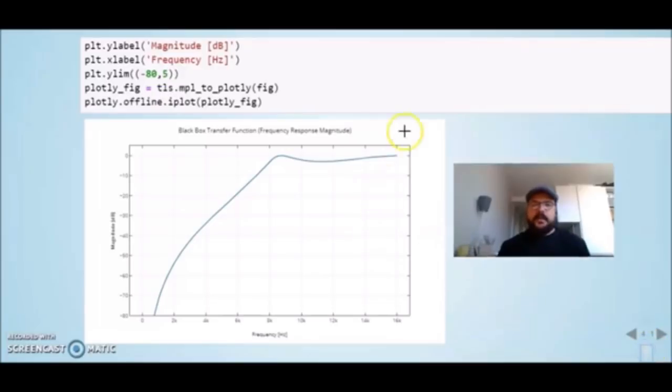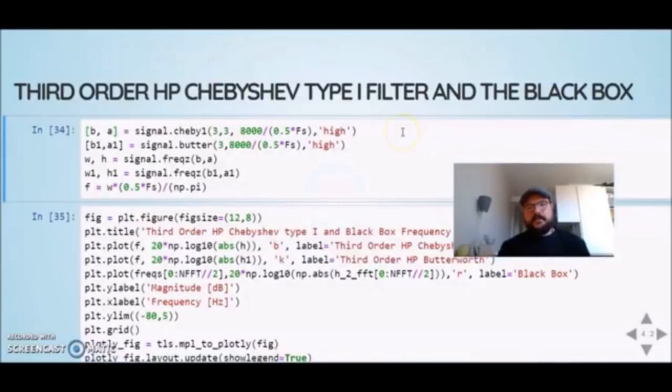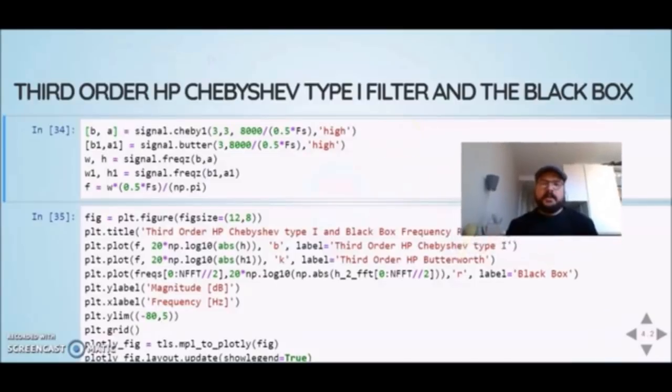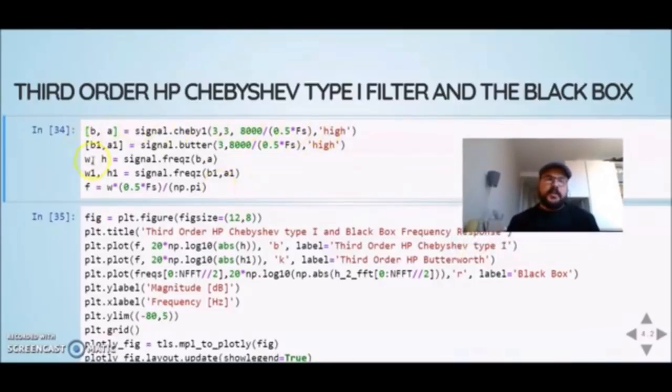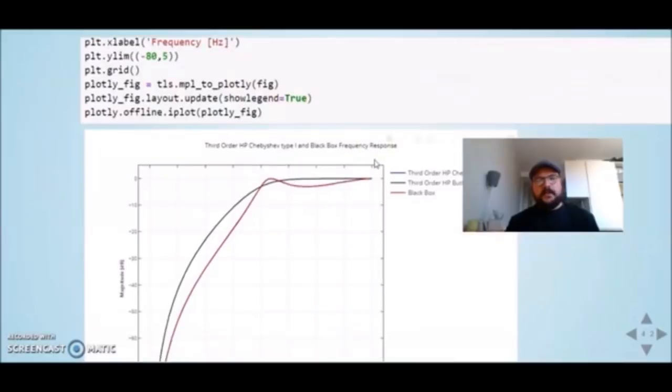If we compare with a Chebyshev filter type 1, I'm constructing here a third order Chebyshev with 3 dB of allowed ripple in the pass band and 8 kilohertz cutoff frequency, and I'm also comparing with the Butterworth filter just so we can have an idea.